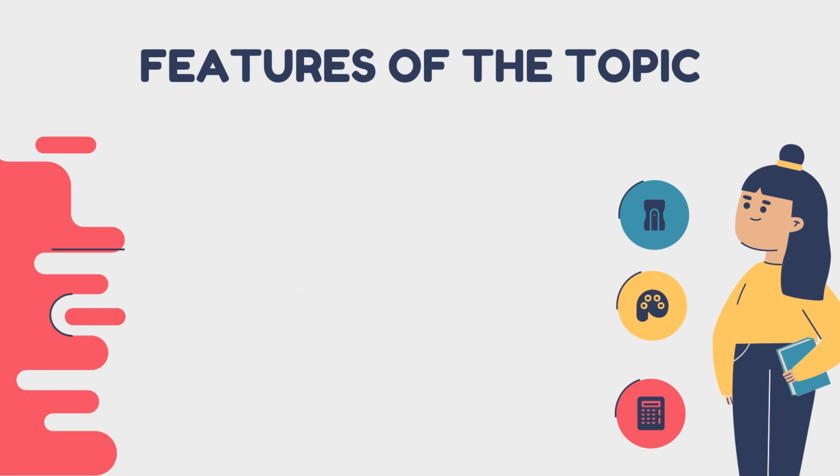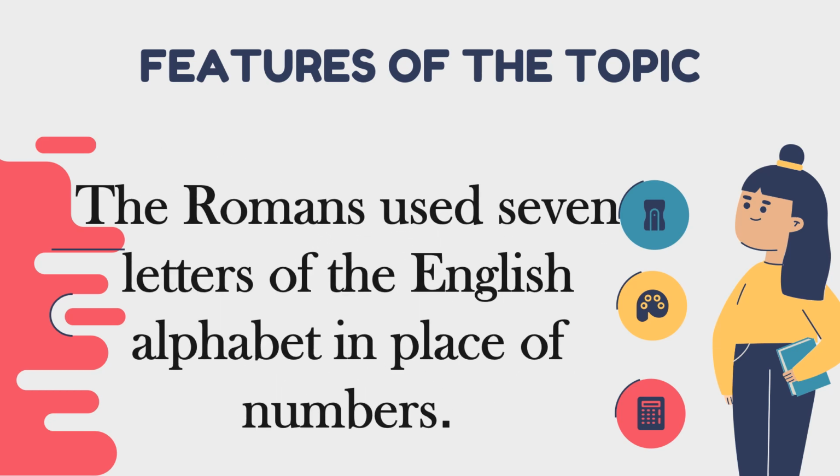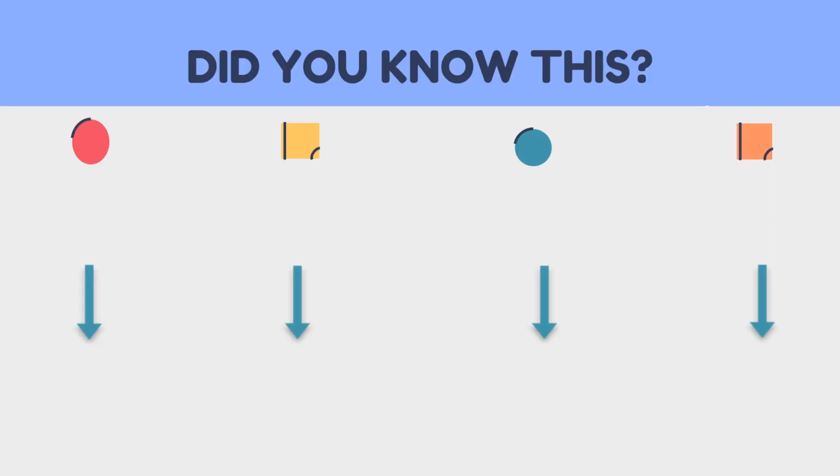Romans used 7 letters of the English alphabet in place of numbers for writing large numbers, counting money, etc. Now we are going to learn about their values.